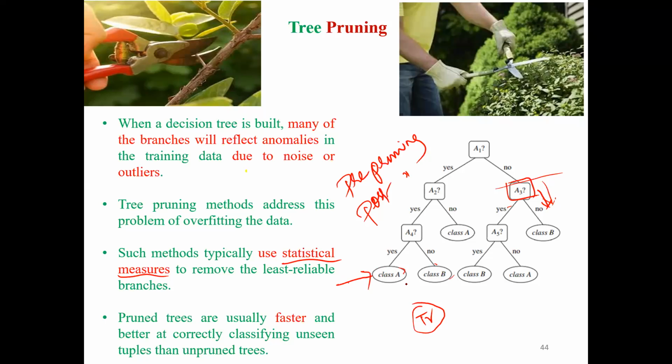And coming to the post pruning, first we let the tree be constructed, or let the tree be grown as it is up to the extent possible. And after the tree is constructed, again we need to assess the goodness of the split based on certain statistical measures.